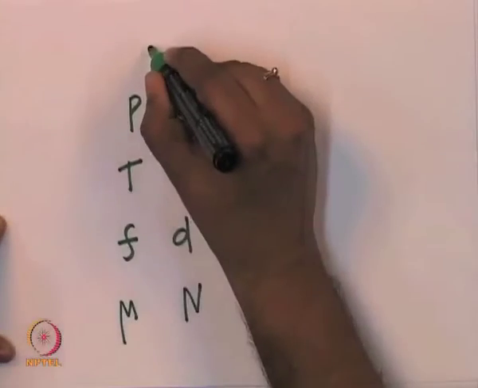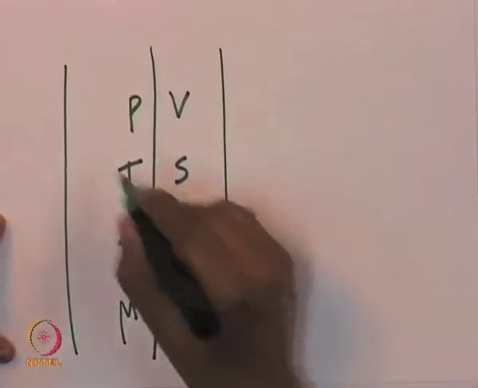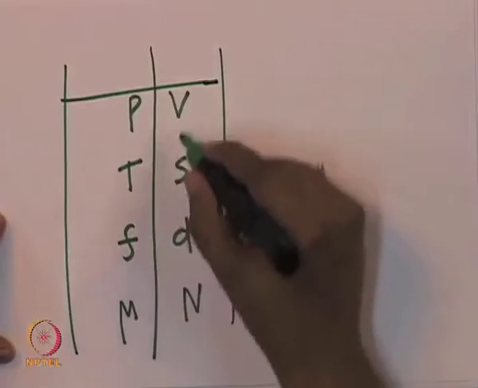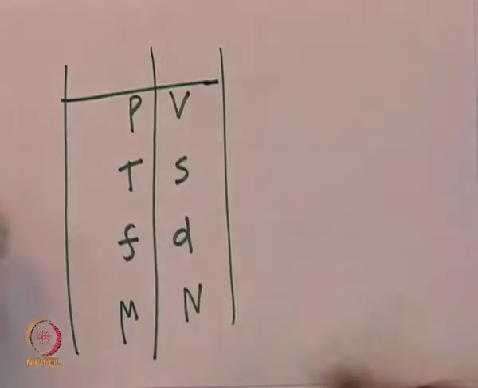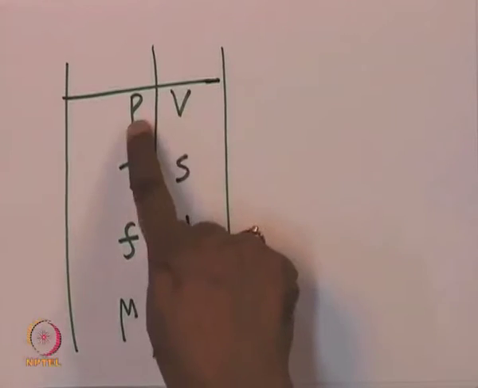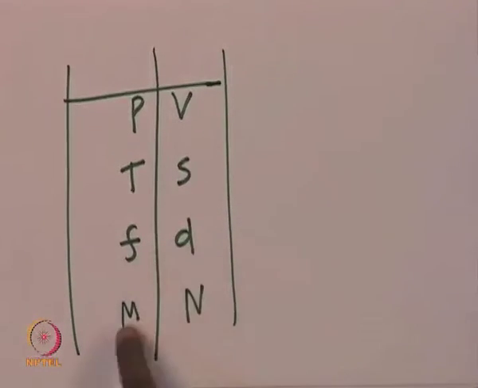So, there are two sets of quantities, such that their product has a dimension of energy. PV is one pair, TS is one pair, FD is one pair, mu N is one pair.